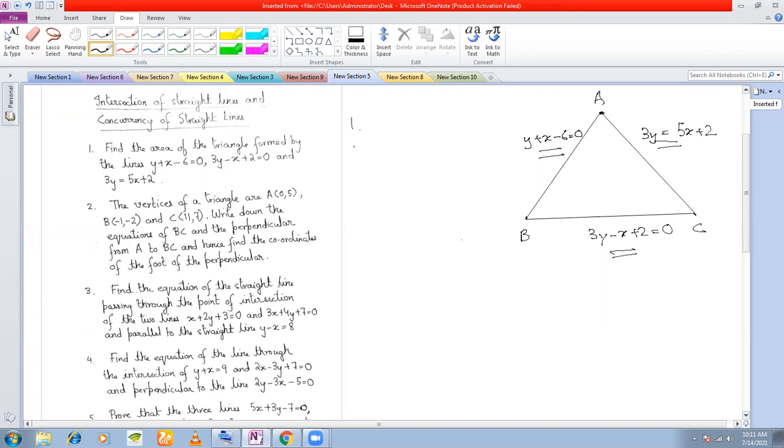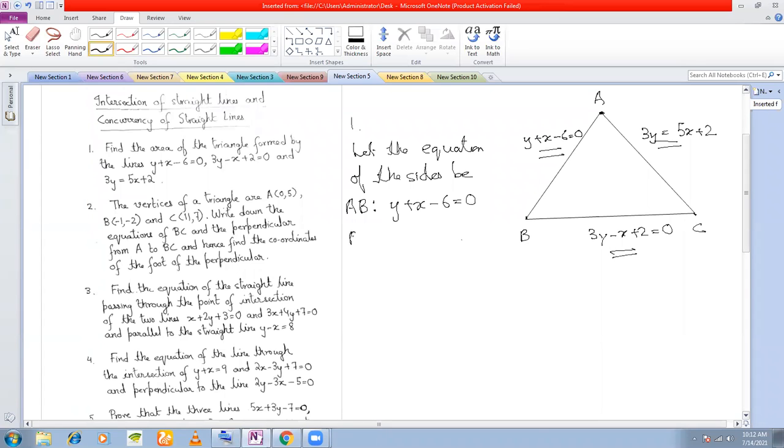Okay, so I start by saying, let the equation of the sides be, let's say, AB: the equation of the side AB is y plus x minus 6 is equal to 0.